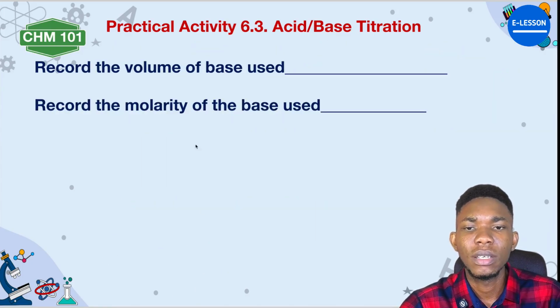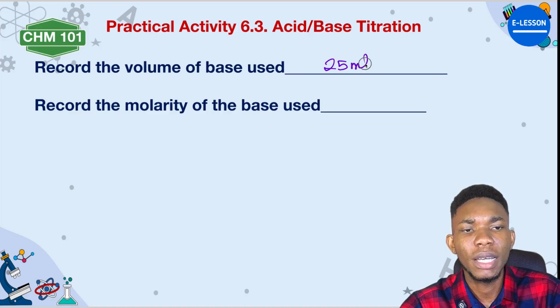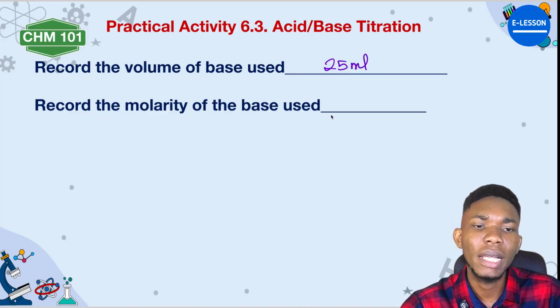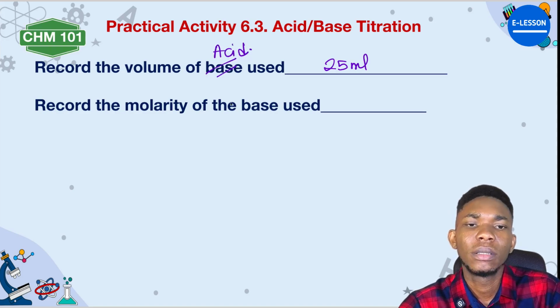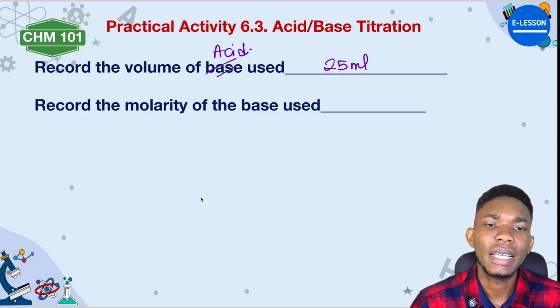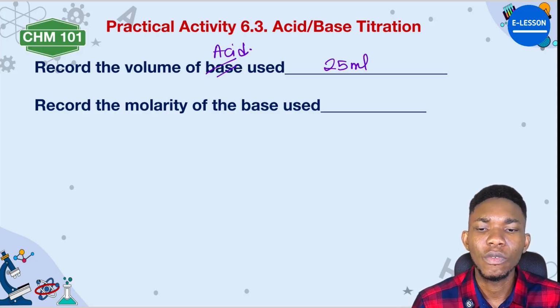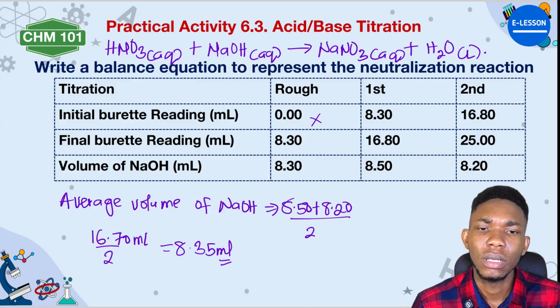Now the next question says record the volume of base used. This is supposed to be record the volume of acid used, not base. Are you sure we didn't make a mistake here?